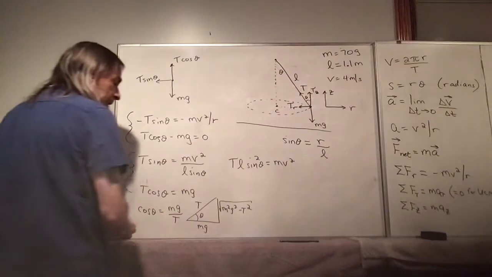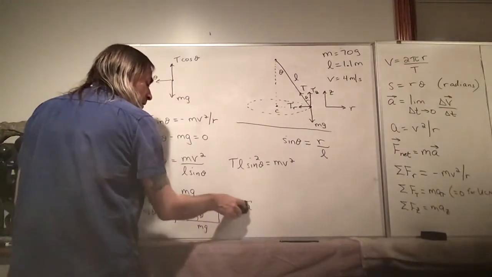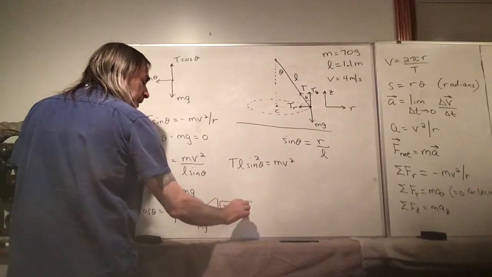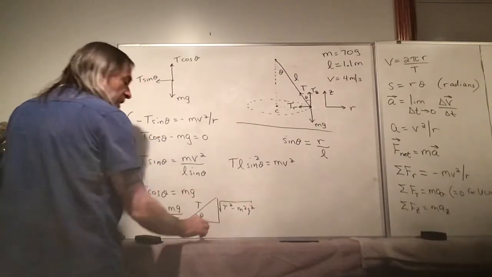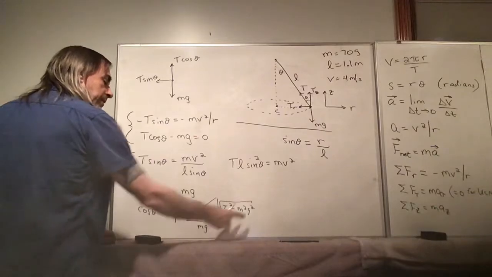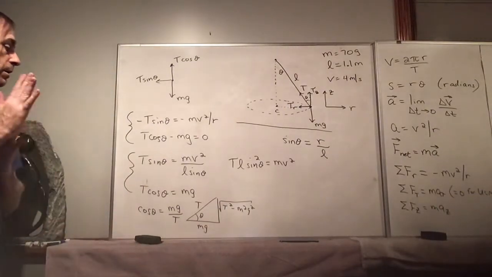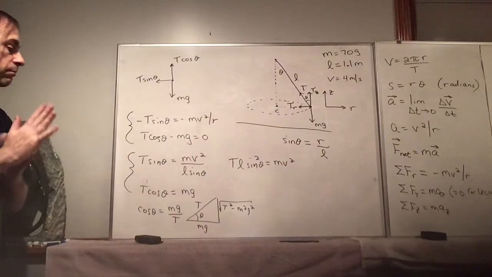Oh, I think I got that backwards. It should be T squared minus m squared g squared. So if we square them both and add them, we get T squared.